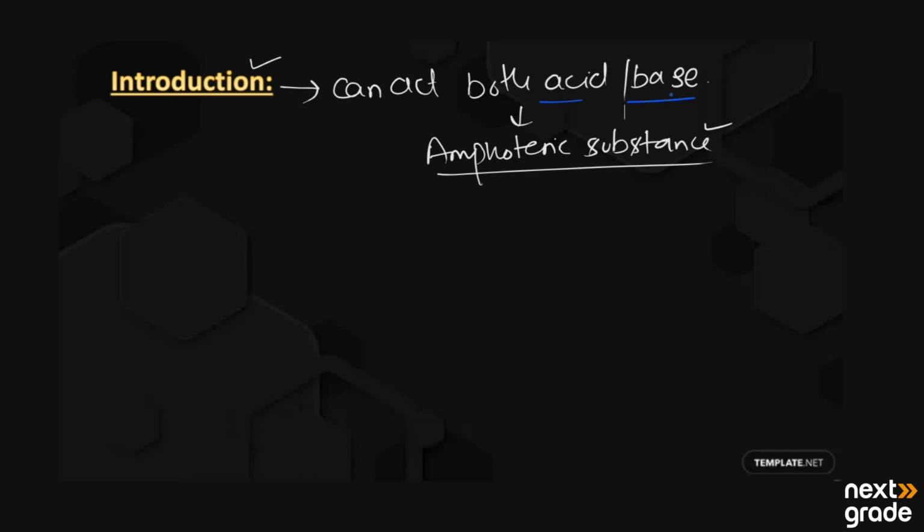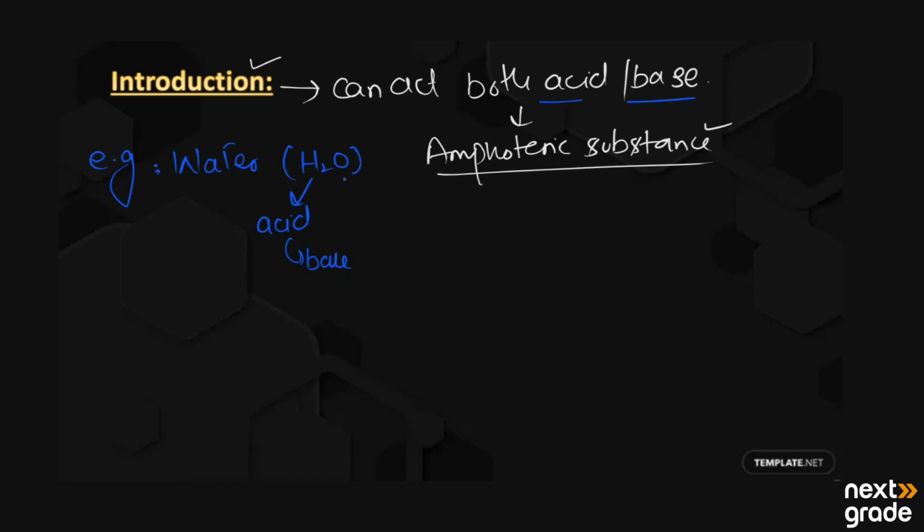protons. So, for example, the main amphoteric substance we have is water, and its formula is H2O. When water is treated with acid, then it acts like a base.